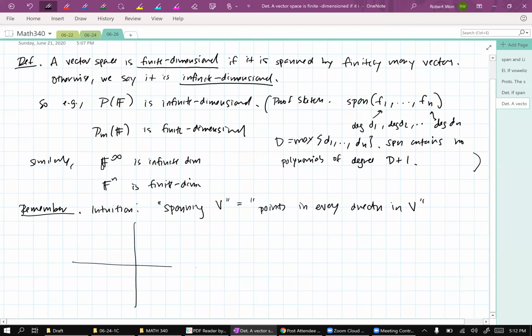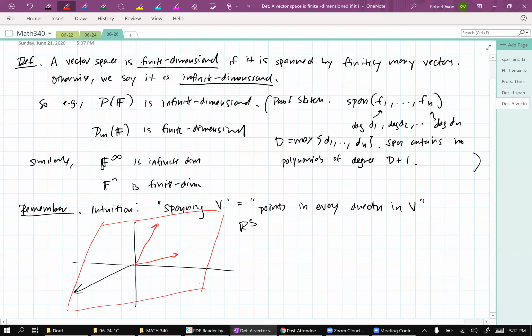Right? So again, if you picture R3 like this, and there's basically 3 directions in R3, right? So if you took 2 vectors in R3, we said in general the span should be some kind of plane. So these 2 vectors are not going to span R3 because you can't get everywhere in R3, right?